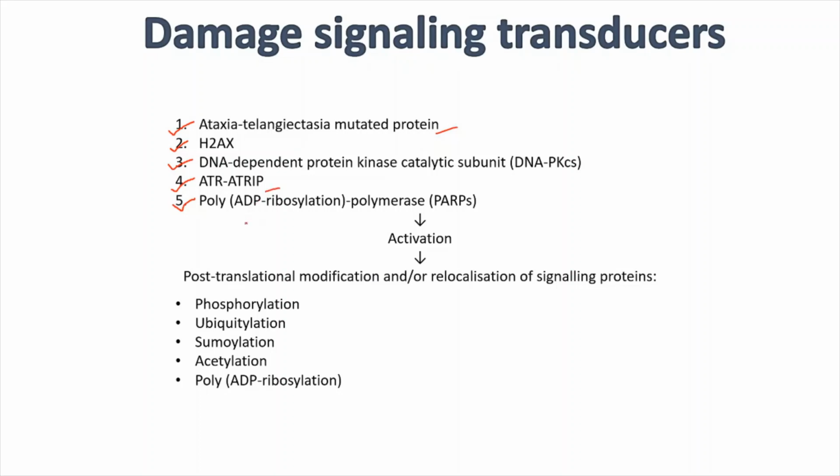So H2AX is actually the variant of the histone H2A, and when it is phosphorylated, it is termed as gamma H2AX. So what is important is that it gives other DNA repair proteins access to the site of damage.